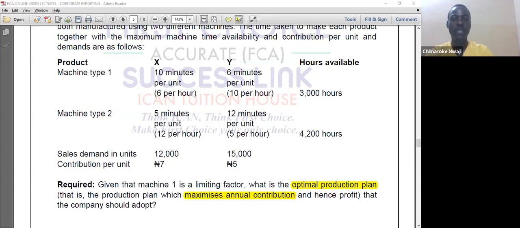So all you are doing is moving backward. When we went forward, we were saying 15,000 units multiplied by the time for 1 unit. That was what we got. When we are working backward, we use the inverse, which is divide. If we are moving forward, we multiply to get the figure; from here, going backward, we divide to get the figure here.